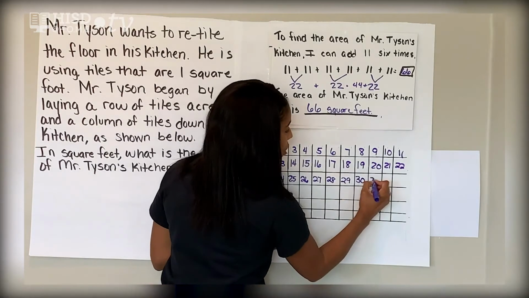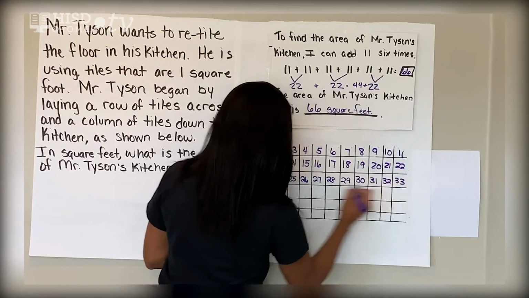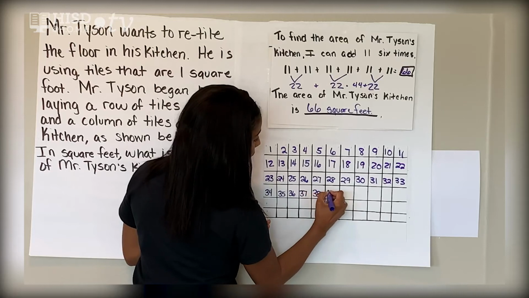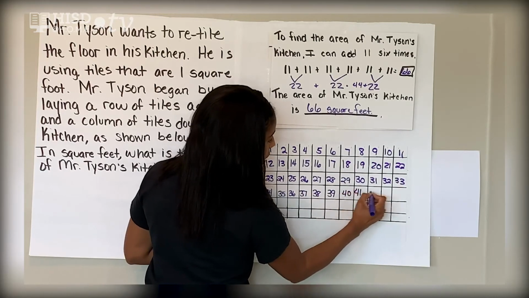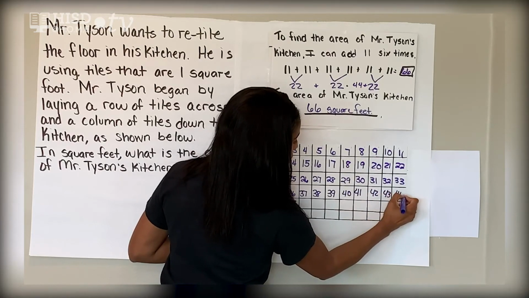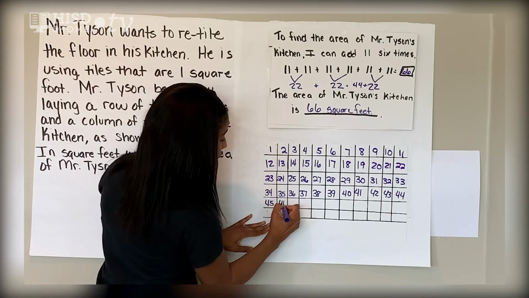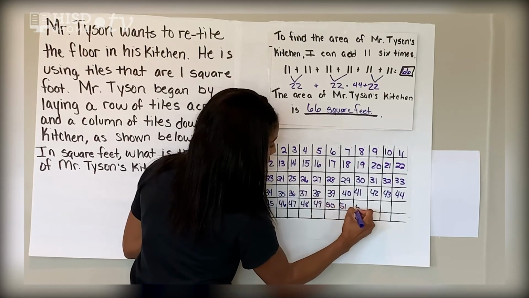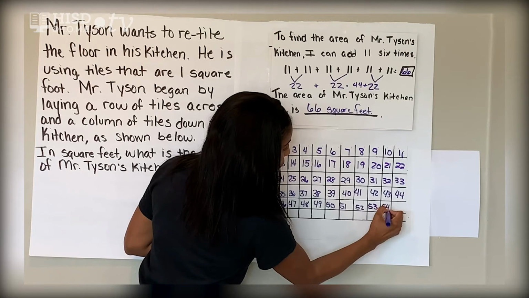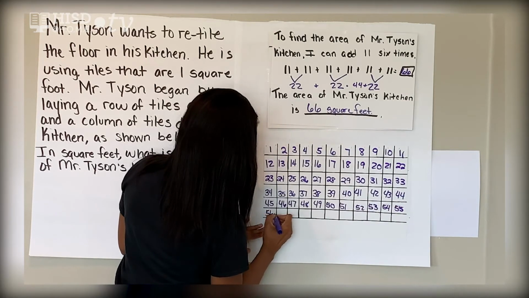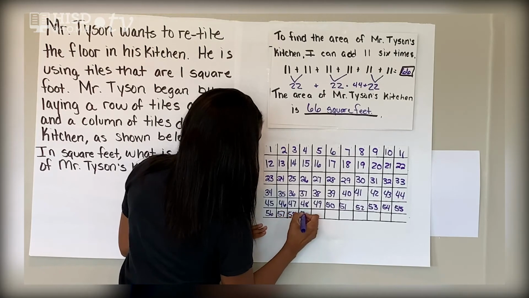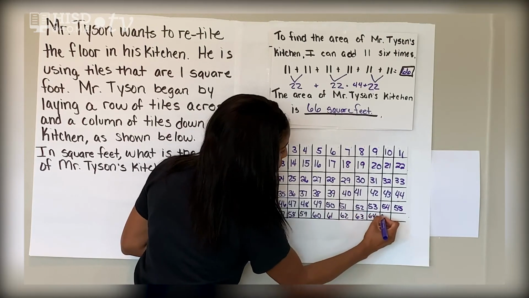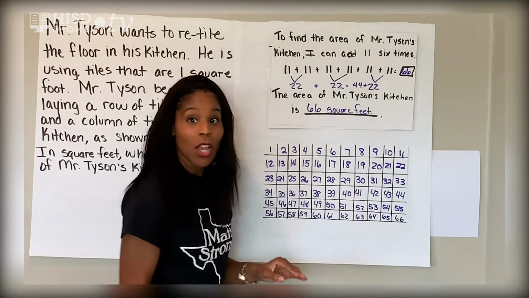We're almost there. 31, 32, 33, 34, 35, 36, 37, 38, 39, 40, 41, 42, 43, 44, 45, 46, 47, 48, 49, 50, 51, 52, 53, 54, 55, 56, 57, 58, 59, 60, 61, 62, 63, 64, 65, and 66. We were correct.